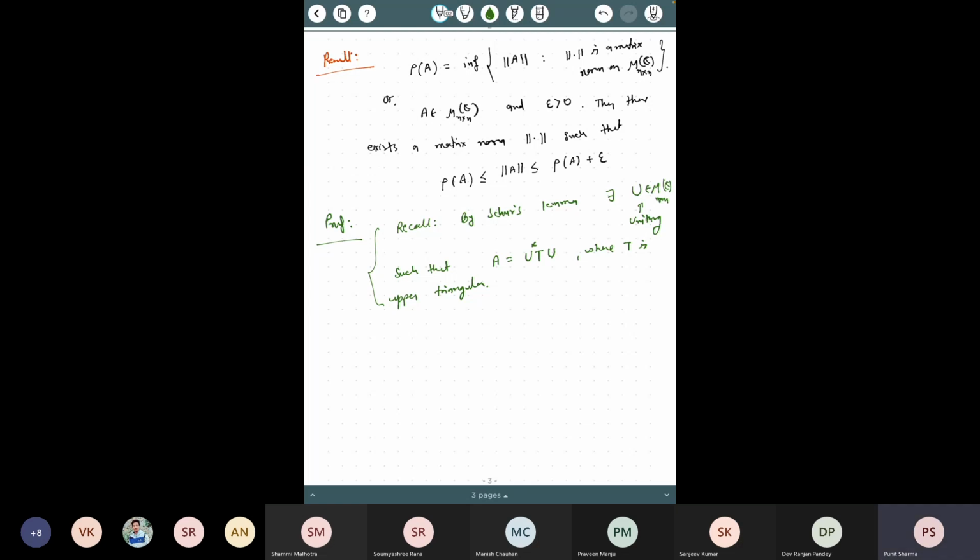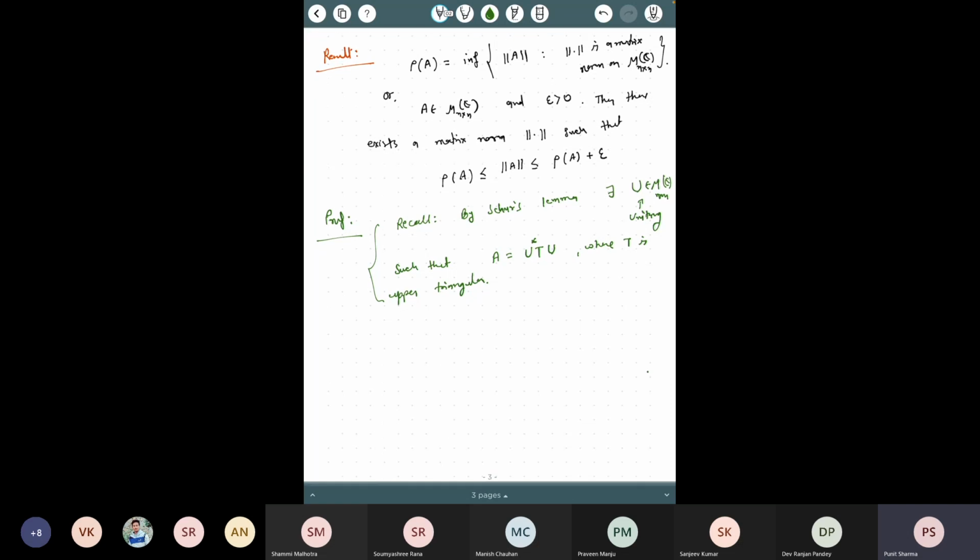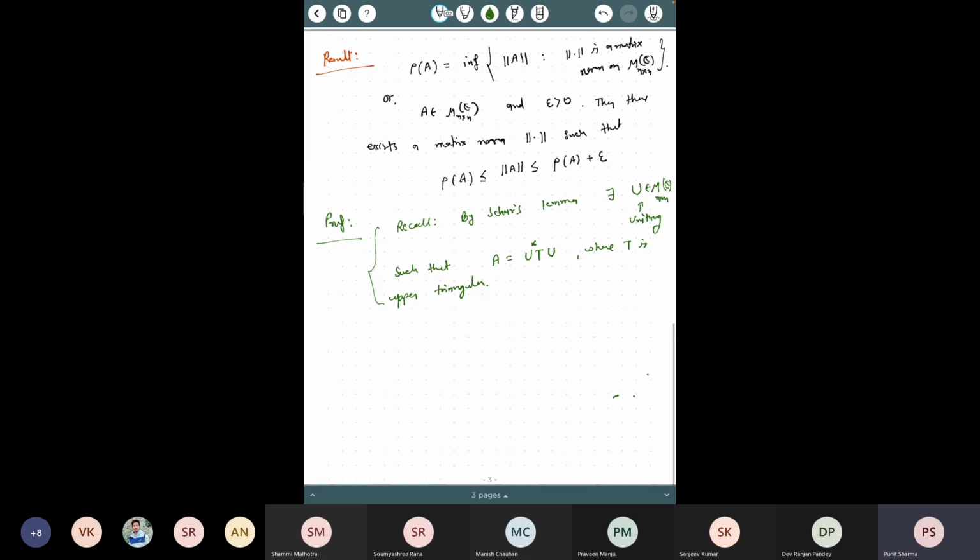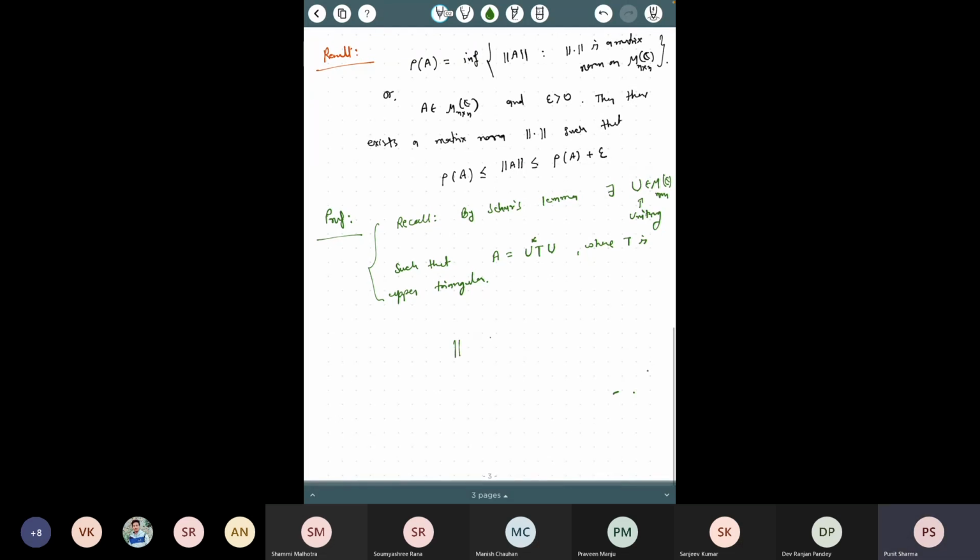Let me tell you the plan. I will find a norm, and I would define this norm using some well-known matrix norm. My plan is to generate a matrix norm by using some invertible matrix.